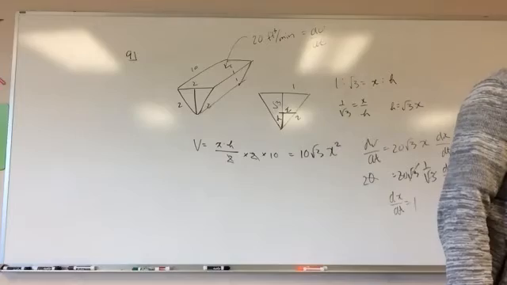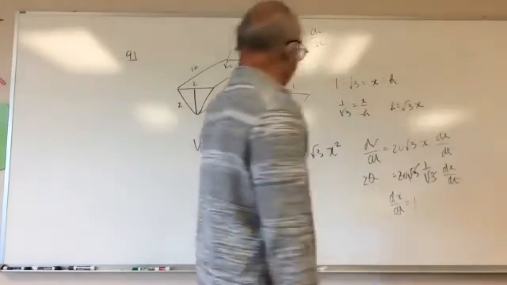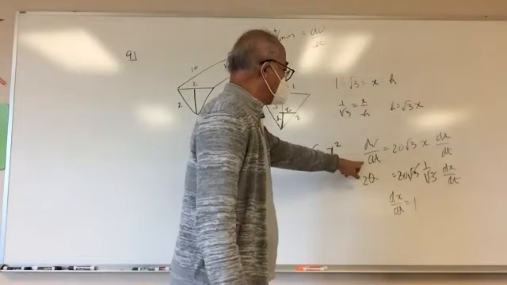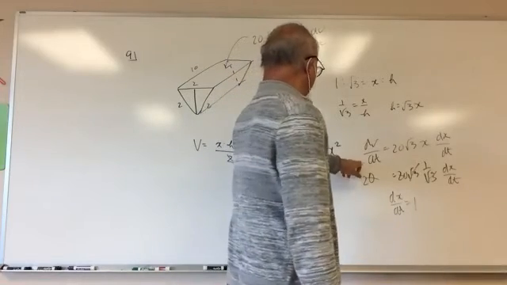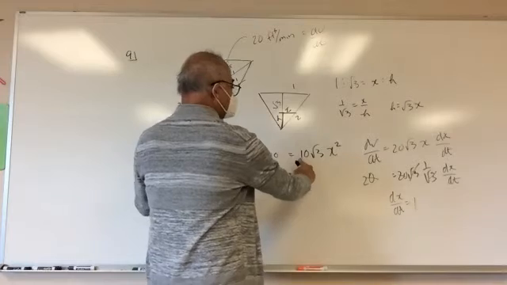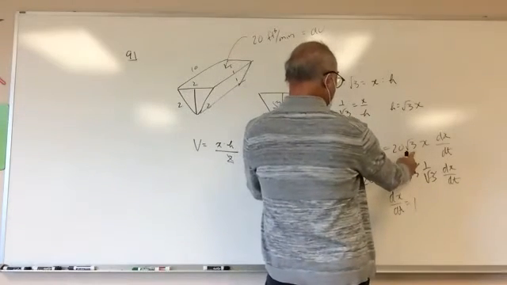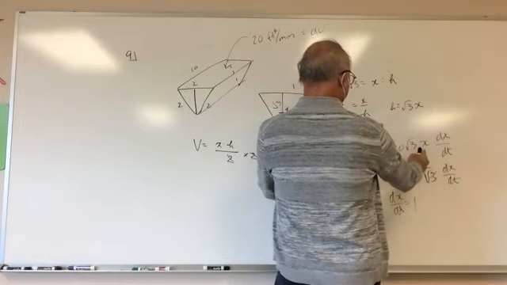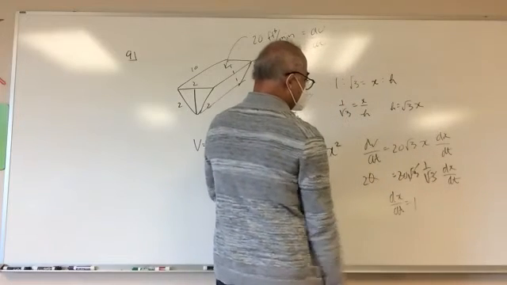Wait, can you go back to after you found the dV/dt piece? Then you lost me. Here? Yeah. Then what happened? You plugged in the 20. I'm using this guy on the other side. So 20 comes down, 20 root 3 x dx/dt. Okay. Did I plug in x?